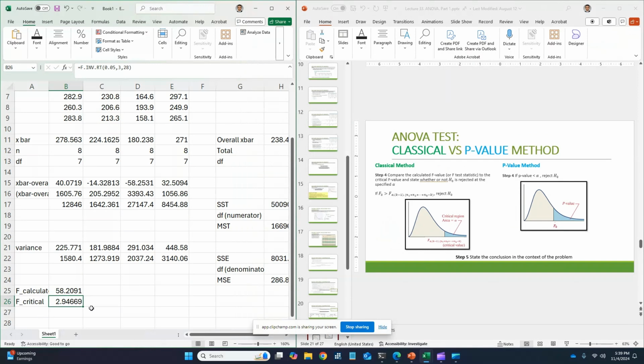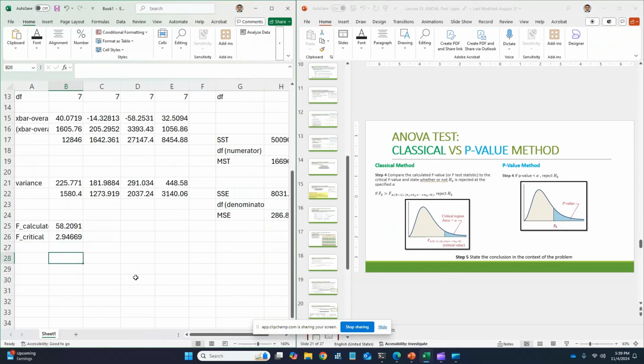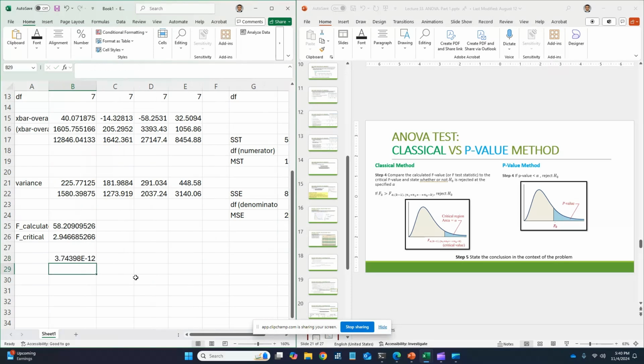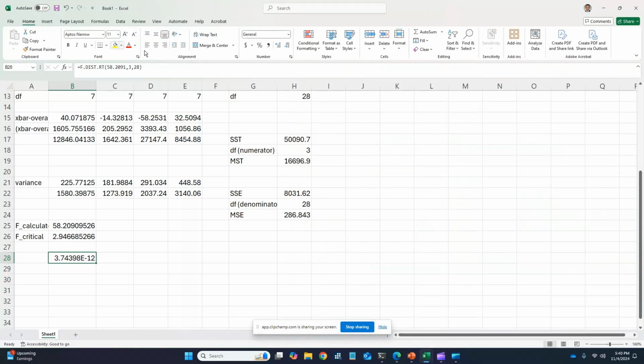Can we do that? We can. So F.DIST.RT, and we know the value, which is 58.2091, our calculated F, and the first degrees of freedom was 3, and the denominator degrees of freedom was 28, and then this is very, very small.